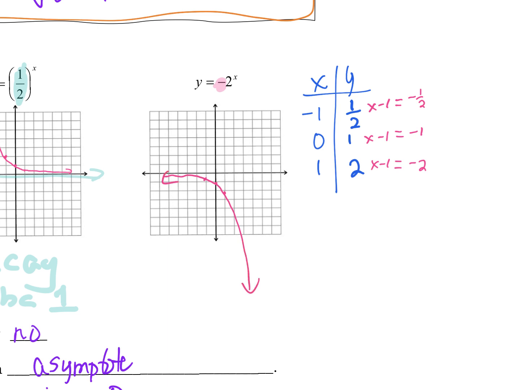And let's get this asymptote in here. So that negative out in front reflects that graph. Do you see that? Hopefully you can visualize the fact that it's getting reflected over the x-axis.